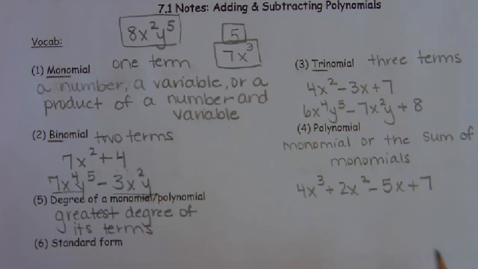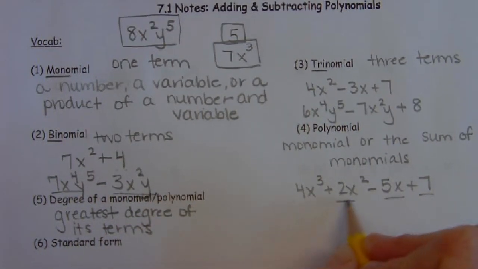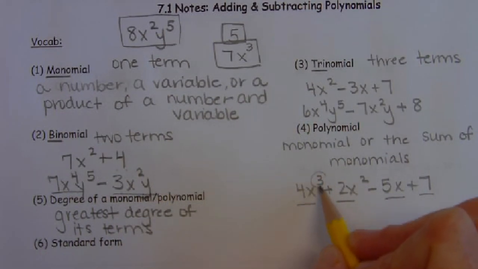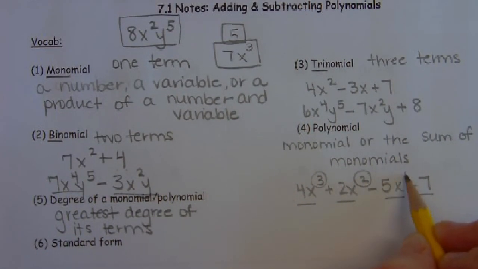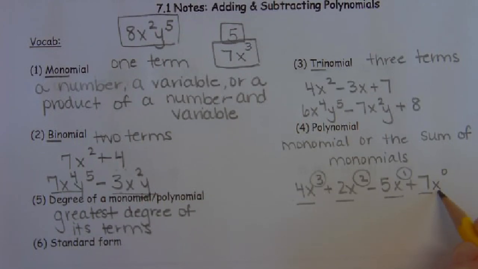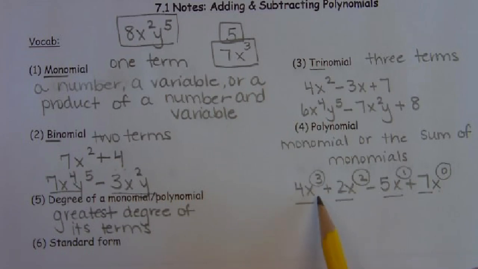If we look at this example, you look at all of the powers on your variables, and you say, okay, that's a power of 3, a power of 2, this is a power of 1, and this has a power of 0, because anything to the 0 is the number 1, so it doesn't really exist. You ask, what's my biggest one? 3 is, so that would be my degree. So this would have a degree of 3.